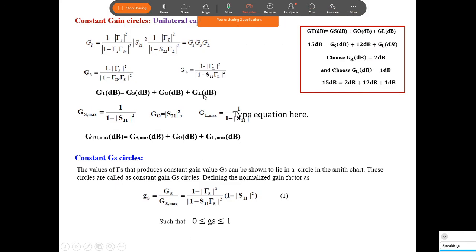You see here, output gain GL, I want 1 dB. From this problem, I want GL equal to 1 dB. If I want 1 dB gain here, similarly we can do it here.